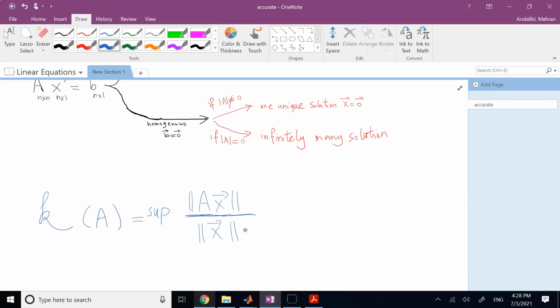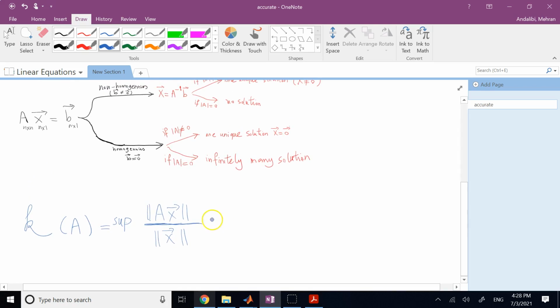Now, if the matrix is square, so if A is an n by n square matrix, like what we have for the sake of a matrix set of equations, then you can show that this kappa of A is basically the norm of the matrix A times the norm of A inverse.